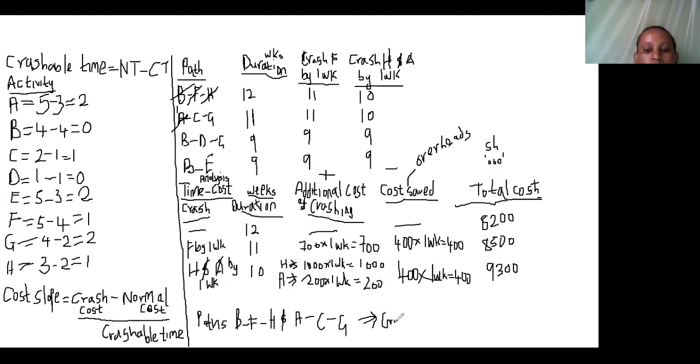So in your comment, you can indicate that these are two critical paths at the end of the crashing of the activities.